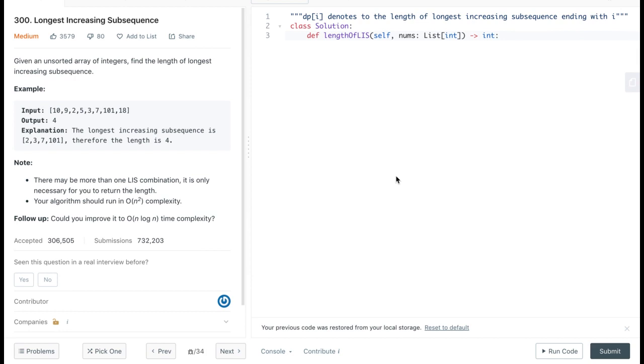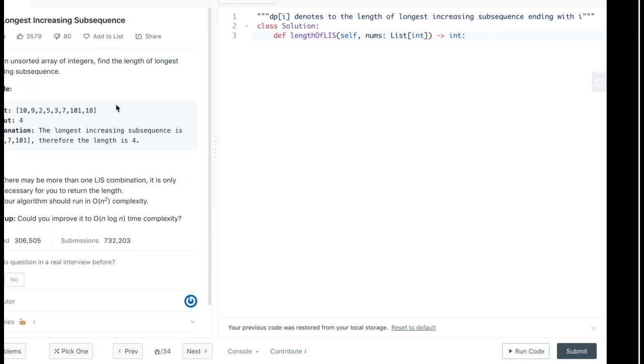Alright guys, so today let's look at Leetcode problem number 300, longest increasing subsequence. In this problem, you're given an array, and you're asked to find the length of the longest increasing subsequence. Let's take this for example.